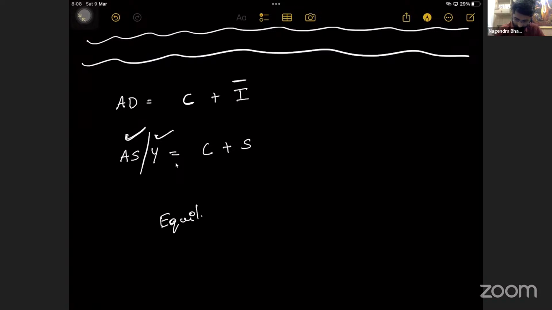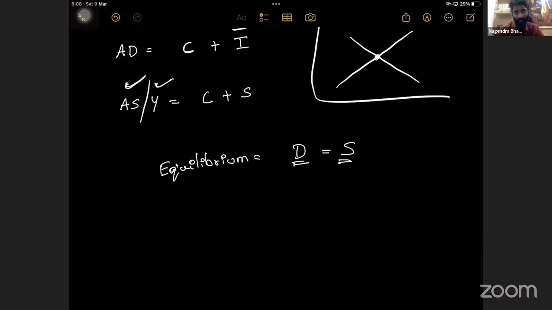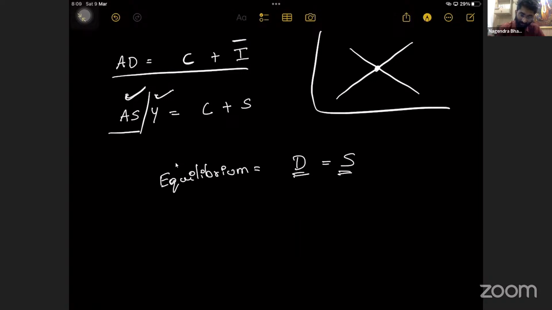In equilibrium, what is equilibrium? We discussed that it is where demand is equal to supply. Children, in which chapter did we discuss this? Chapter number 2, unit number 3, in supply. Equilibrium is the point where aggregate demand is equal to aggregate supply.